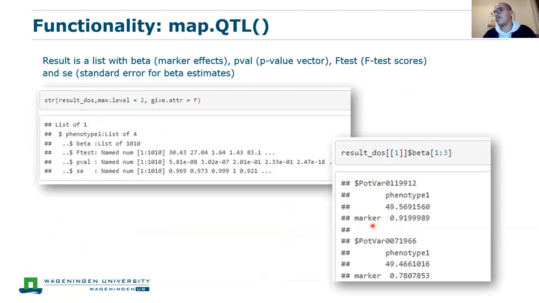So this is the intercept, and this is the marker effect. If you have haplotypes, there will be multiple marker effects, each with the name of each of the haplotypes, and one intercept as well, I think. It's the effect of all haplotypes except one, I believe, because it's like a standardization process. But yeah, so this is the basic output.